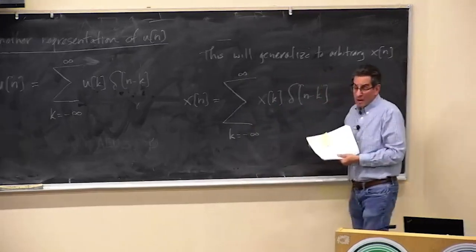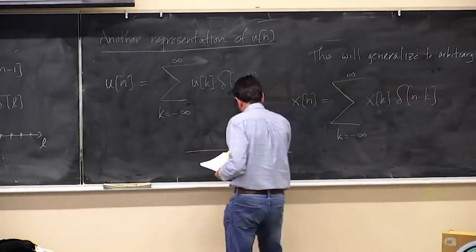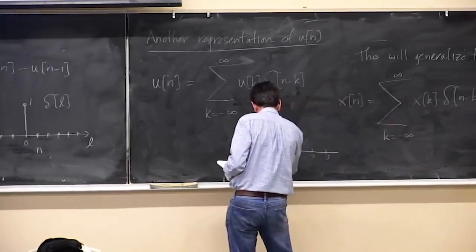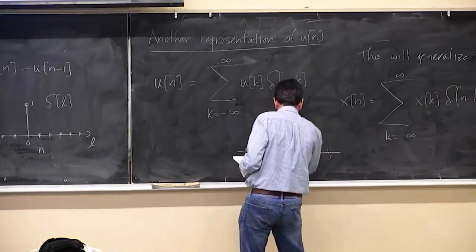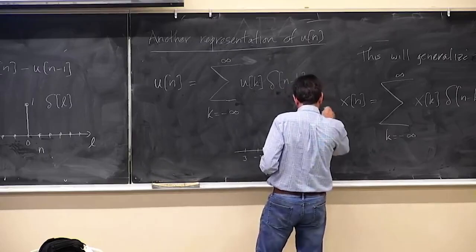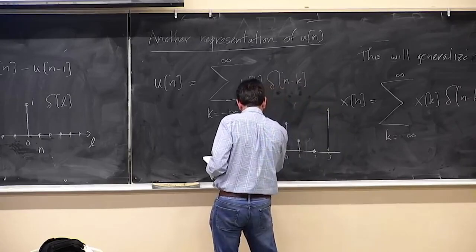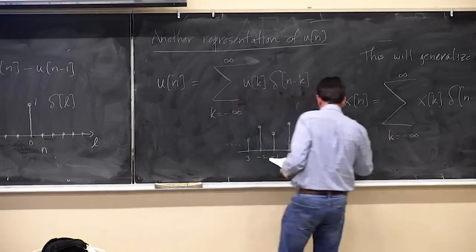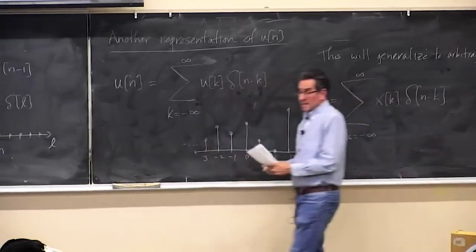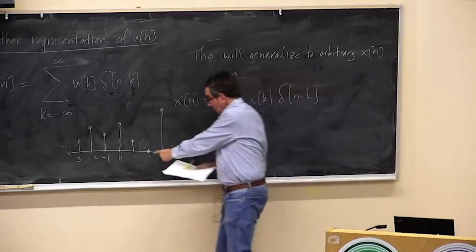And it's kind of clear why this is true, right? If you draw an arbitrary signal, here's my arbitrary signal. It may look like this, and then this. Maybe I have a 0 in there. I'm not going to draw negative ones just for the sake of fitting it on the board. And so on, it kind of goes on, whatever the values are. It's kind of clear that I can build this signal up by adding in one stem at a time.